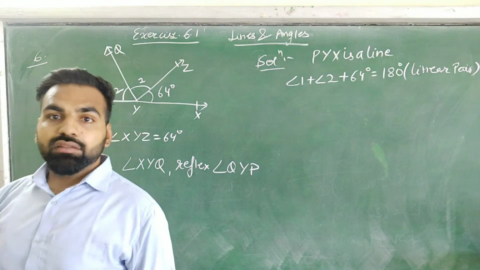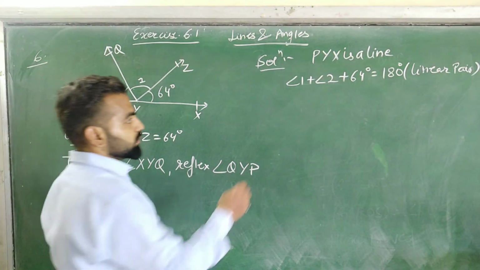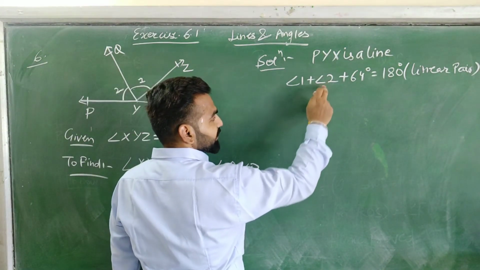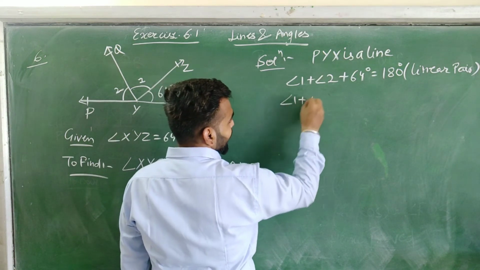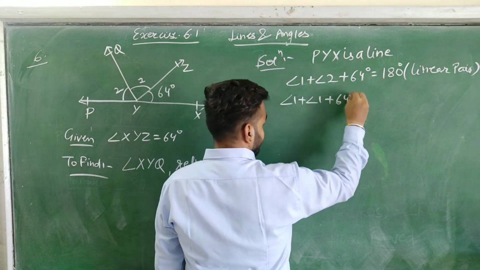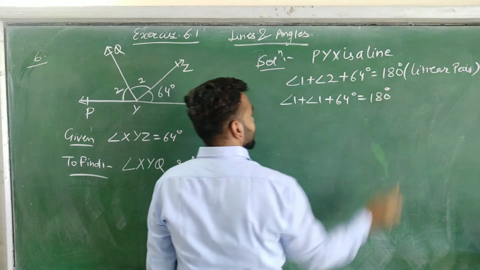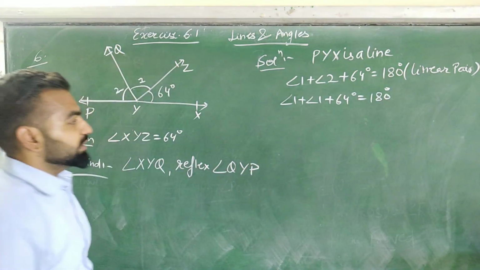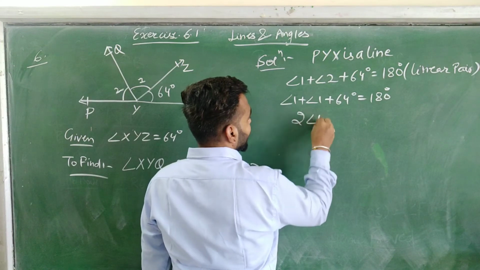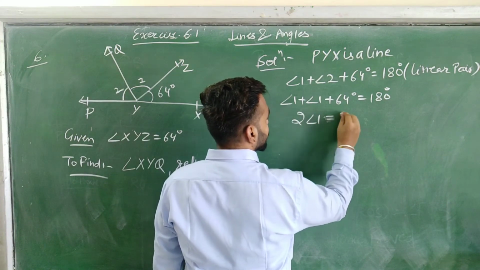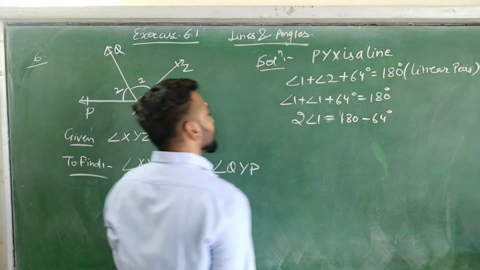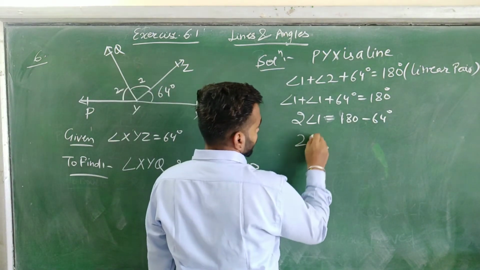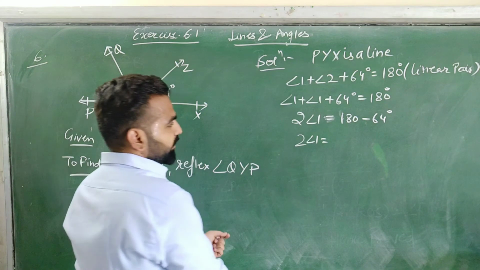Now we know that angle 1 and angle 2 are equal, so we can replace angle 2 with angle 1. So this will become angle 1 plus angle 1 plus 64 is equal to 180. So this will become 2 angle 1 is equal to 180 minus 64.